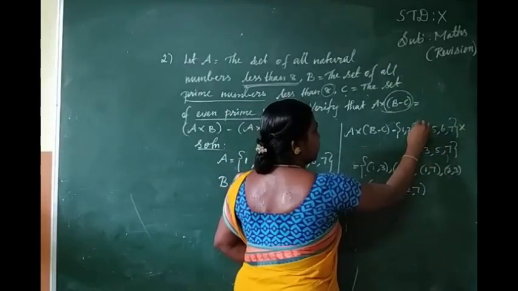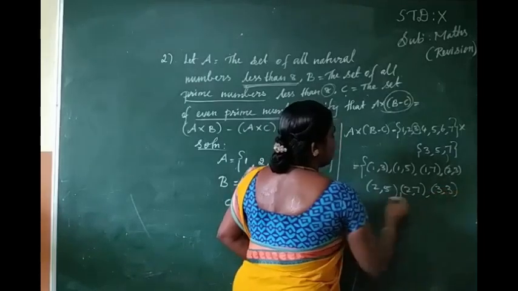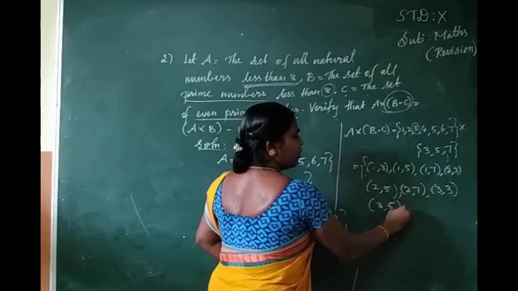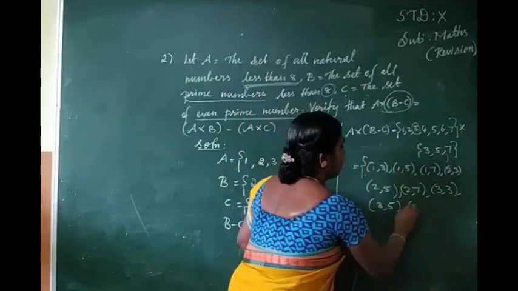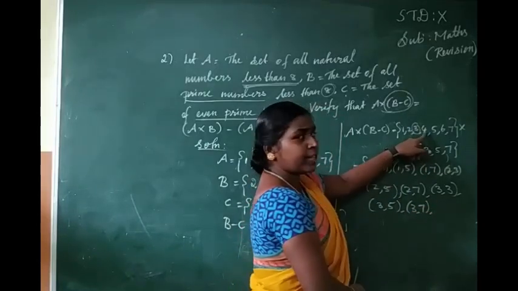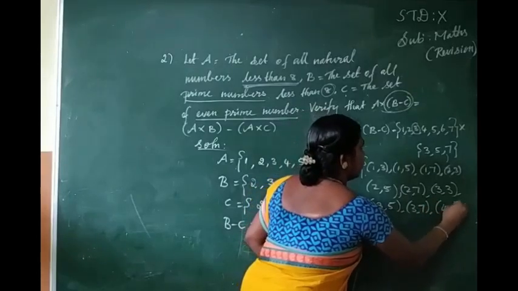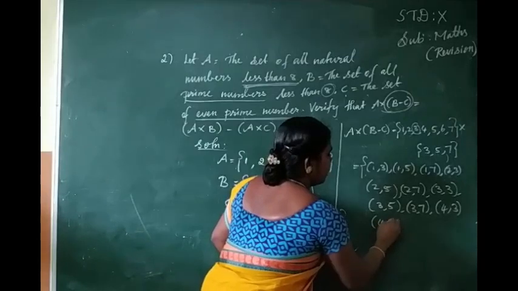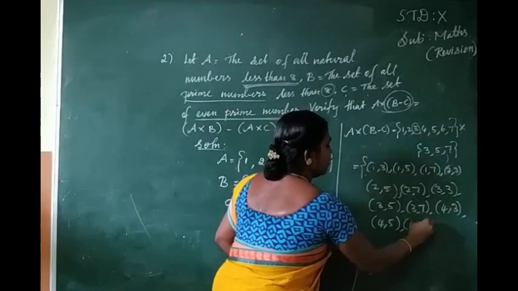Next one, 3: 3 comma 3, 3 comma 5, 3 comma 7. Next element is 4: 4 comma 3, 4 comma 5, 4 comma 7.